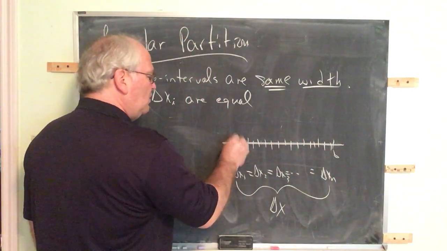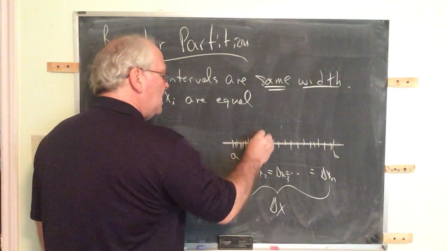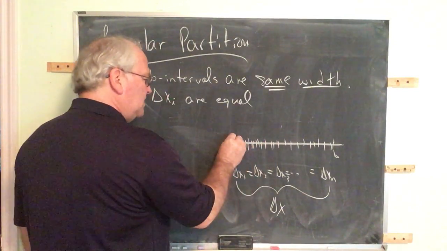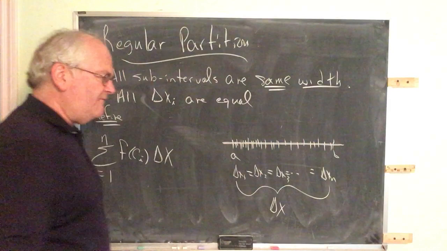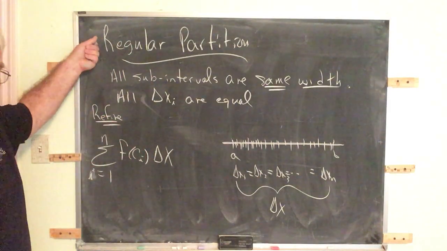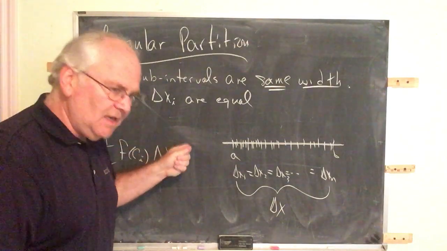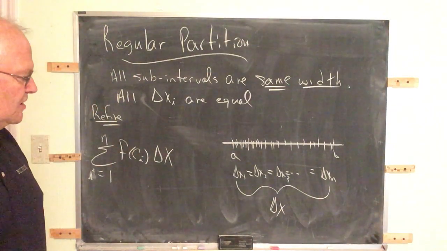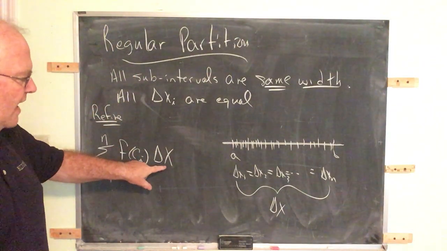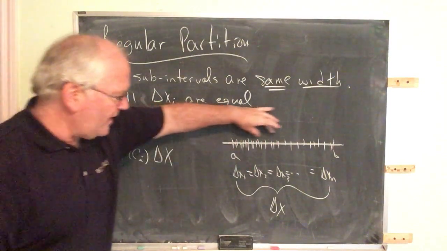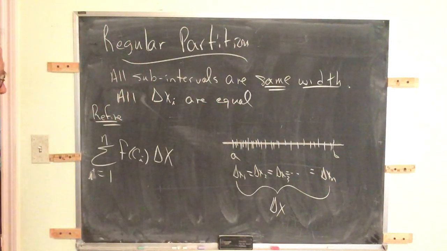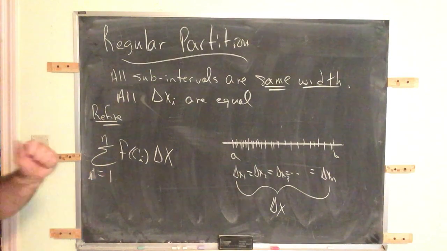If you cut this one into halves, then they must all be cut into halves. If you cut this into fifths, they must all be cut into fifths. If you start with a regular partition, then a proper refinement must end with a regular partition, so that delta x is the same for that partition and any refinement of it. Those delta x's are the same.